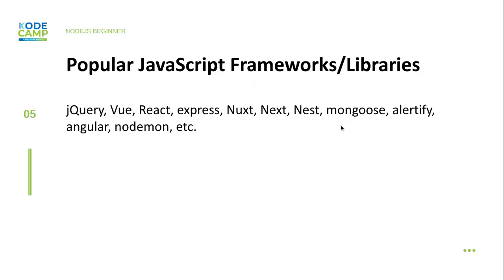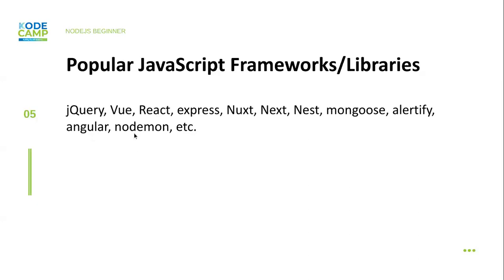Okay. Then we have Mongoose, one of my favorite libraries. You use it to connect to MongoDB, to query the database, right? Then Alertify is for the front end, to create beautiful alerts. We have Angular. Angular is also a front end framework, right?